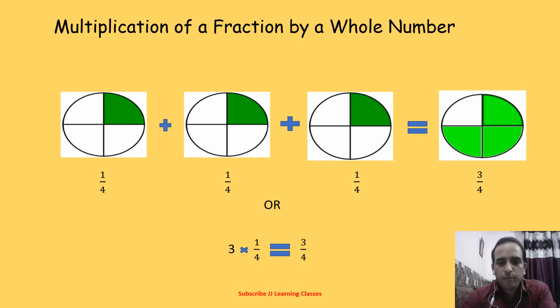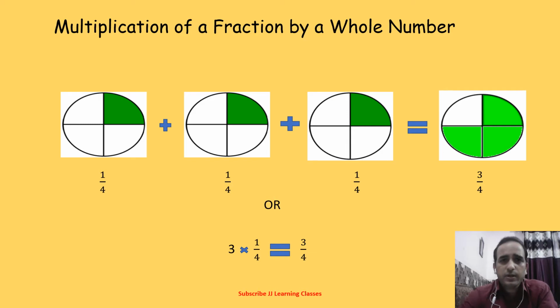If you multiply 3 with 1 upon 4, the result is 3 by 4, and if you add 1 by 4 plus 1 by 4 plus 1 by 4, writing it 3 times, the result is also 3 by 4. So we understand that multiplication is the advanced operation as compared to addition.